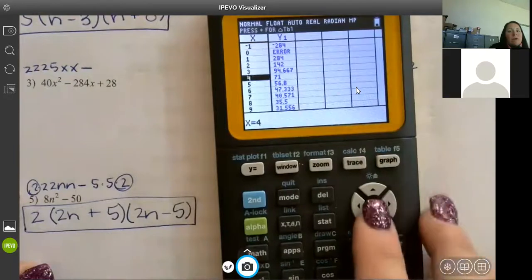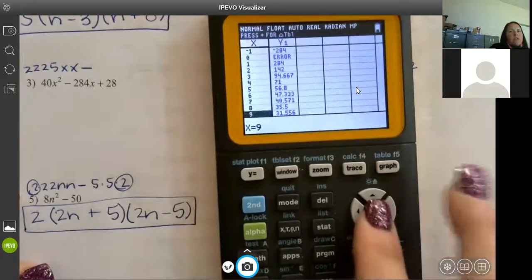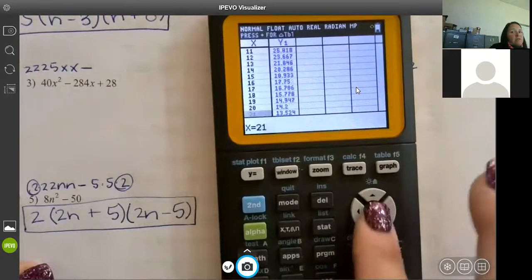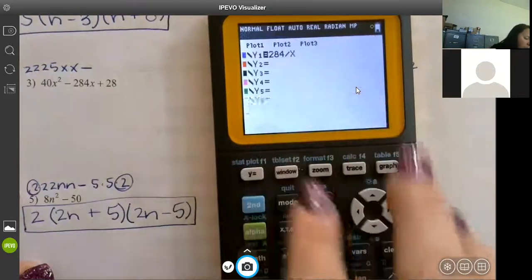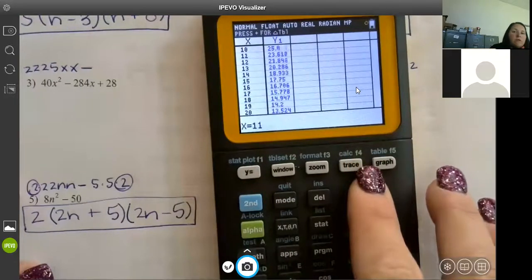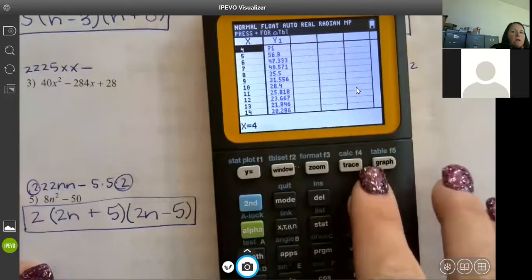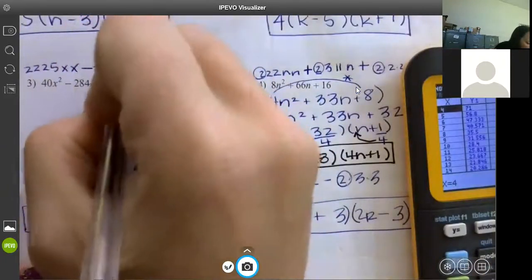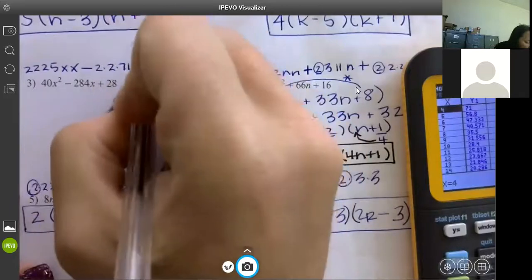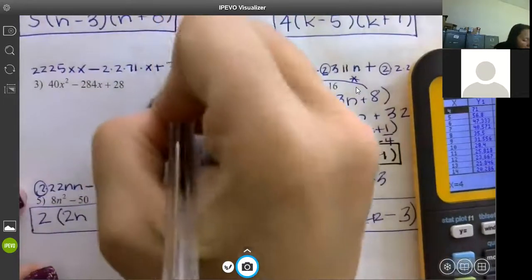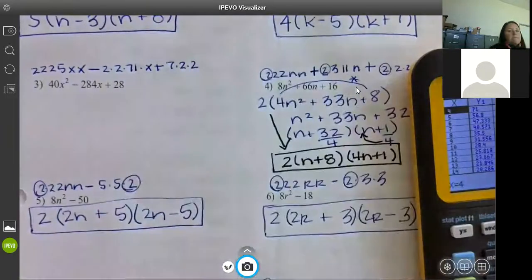I have 4 and 71, and I'm pretty sure 71 is prime. You guys see how there's nothing else? I did put the right number in there, right? Yep. So 4 and 71. 4 is 2 and 2, 71 and x. And then we have 28, and 28 is 7 and 4.